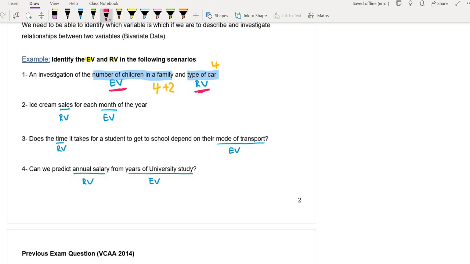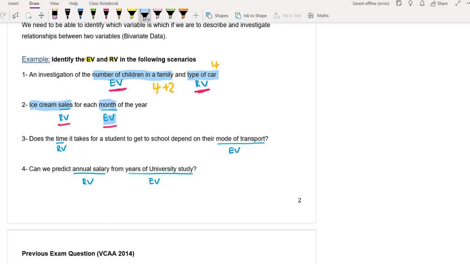The next one looks at ice cream sales for each month of the year. So the month would explain the ice cream sales, so the month will be the EV. That's because in the hotter months, like during summer, you'll have more ice cream sales. During winter, you'll have less.